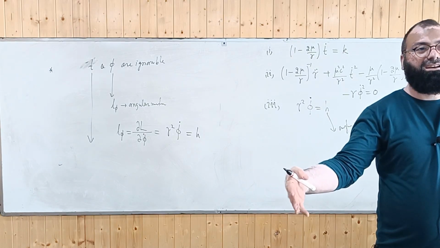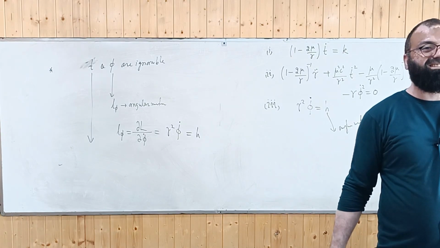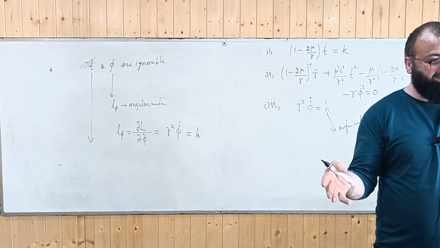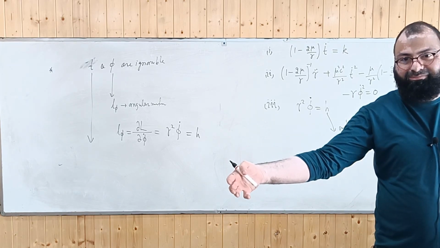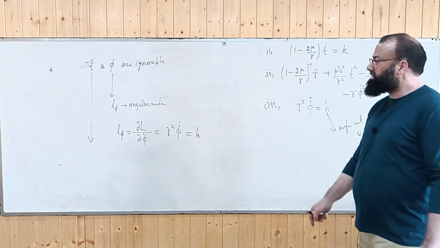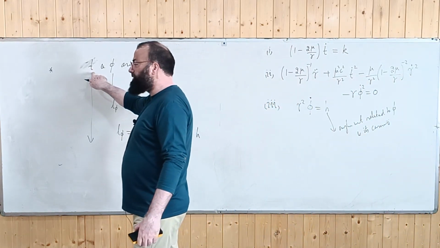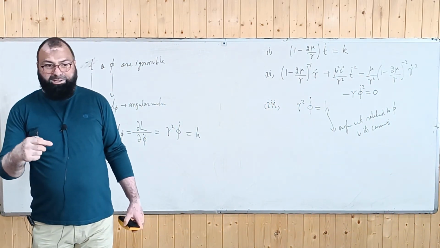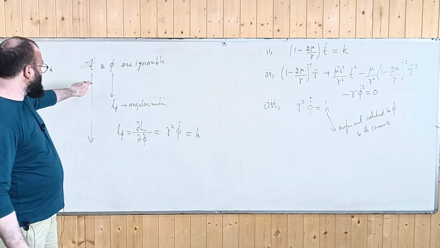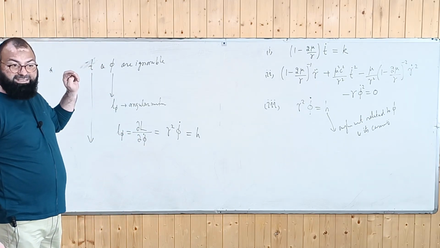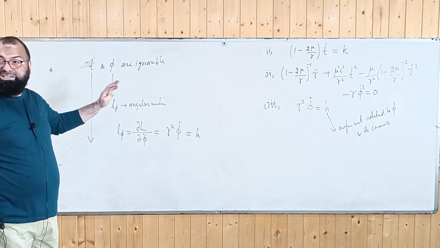If you have invariance under translation in space, then the linear momentum is conserved. If you have time translation invariance, then energy is conserved. So this t, an ignorable coordinate, should give me the energy. We need to check whether it is really the conservation of energy or not.